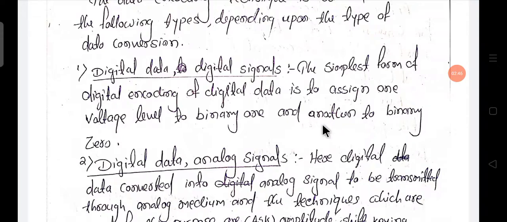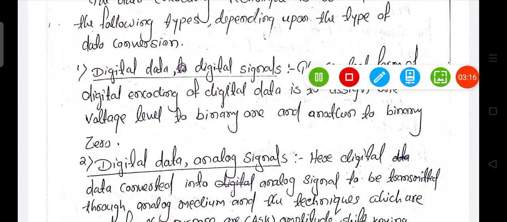That means for converting digital data to digital signal, we use one simple technique: we assign binary 1 to some voltage level and binary 0 to another voltage level.